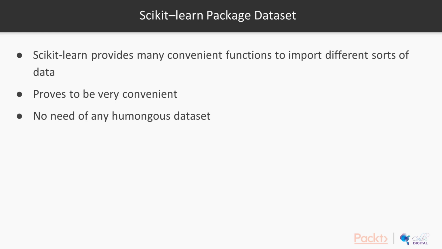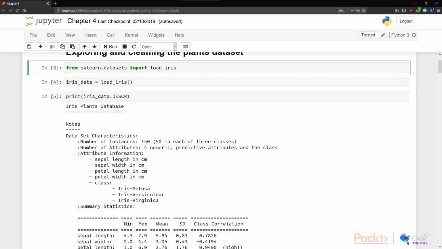At the same time, it's very convenient for us because there's no need for me to send you any datasets or get you to download something that's humongous. A lot of these datasets are quite small, they are quite well researched, and it's a good base to jump off of. So that's in cell 3.